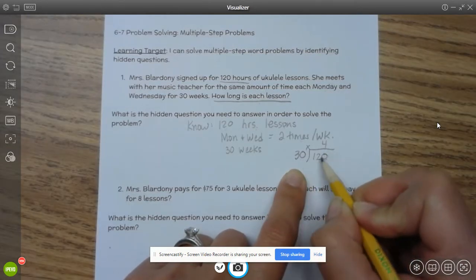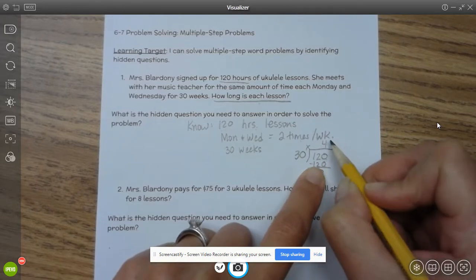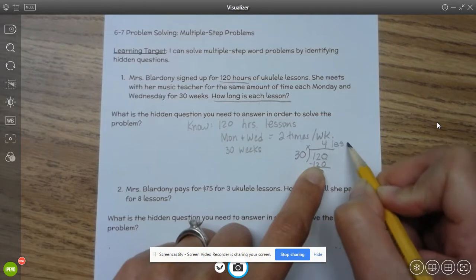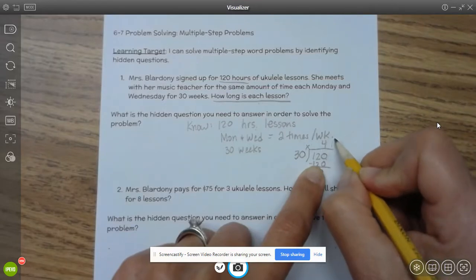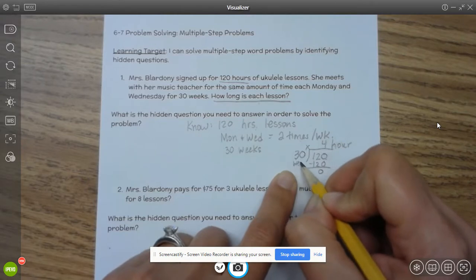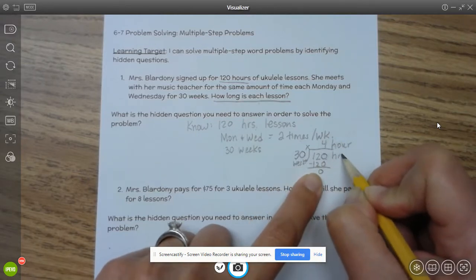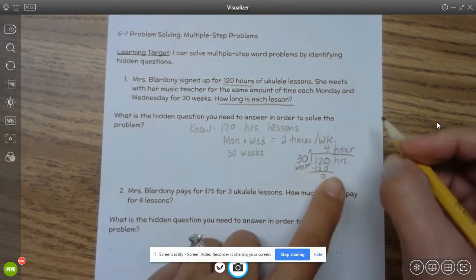So 30 times 4 is 120 with no remainder. Okay, so I know if I have 30 weeks of lessons that go into 120 hours total, that means each week is 4 hours long. So 30 are my number of weeks, and these are my total hours. Okay, so 4 hours per week.